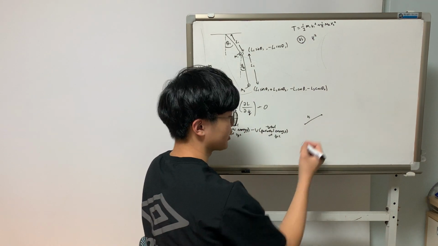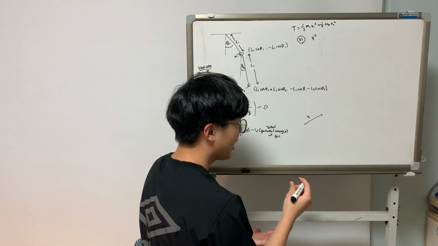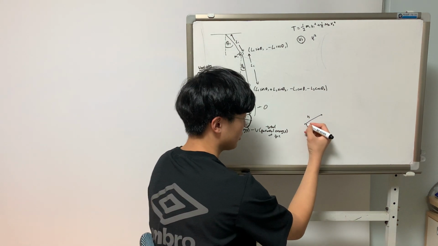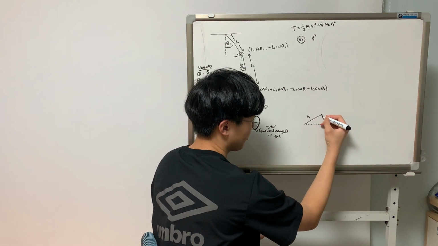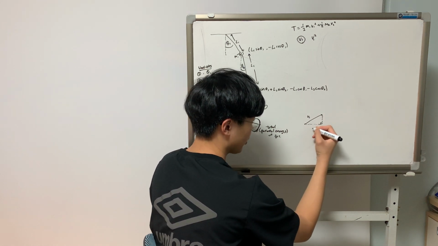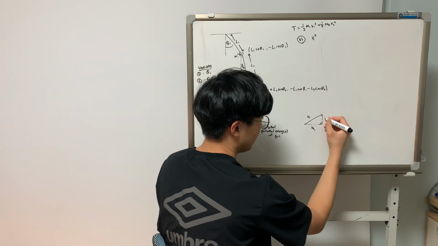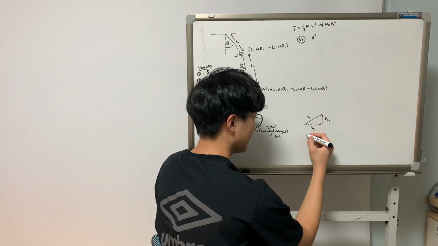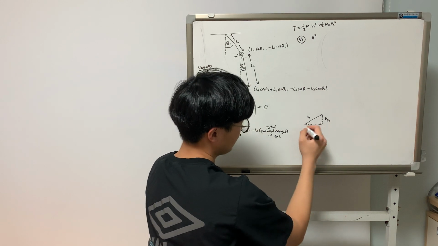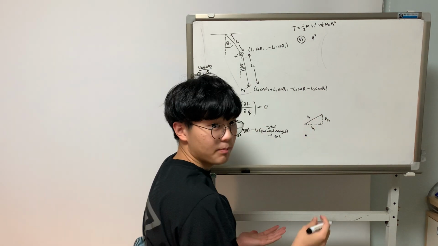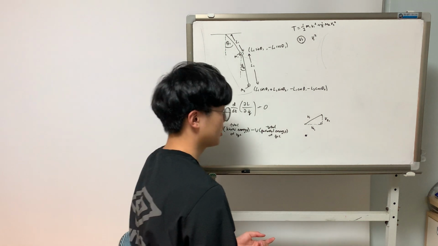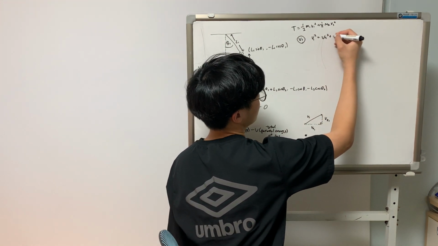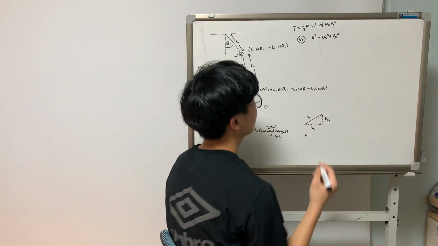How could we divide this vector called v1? Well, we can divide this into two perpendicular components. The first one's going to be vx1, and the second one's going to be vy1. And so by using the Pythagorean theorem, you could say that v1 squared is equal to vx1 squared plus vy1 squared.